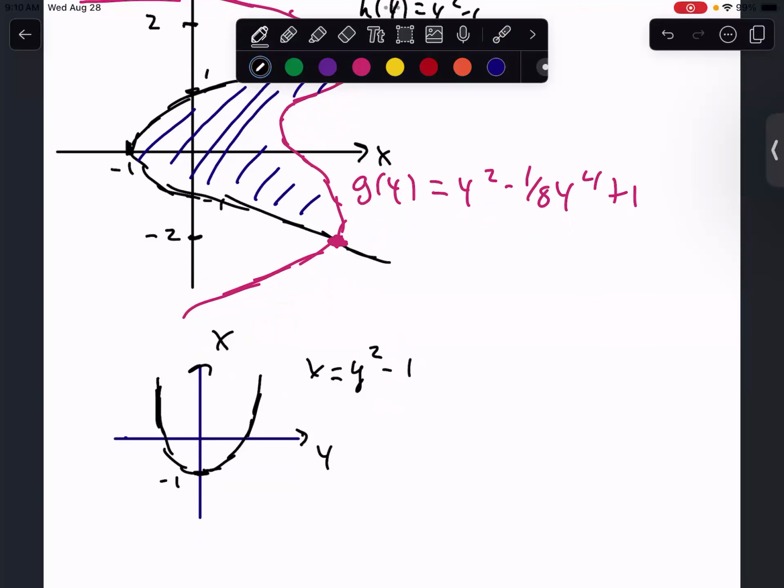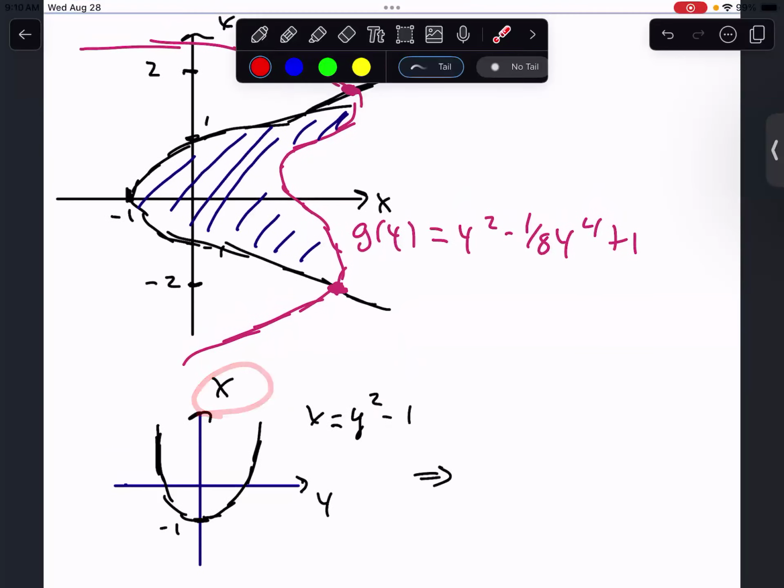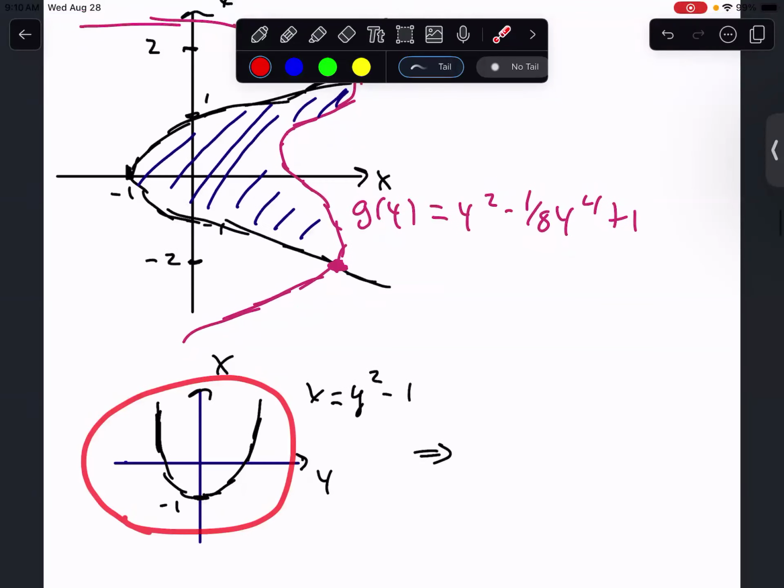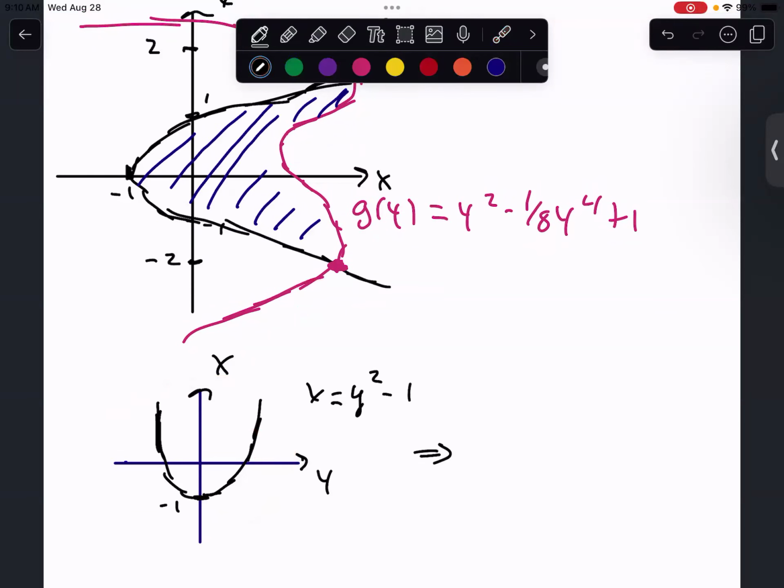When you're actually graphing things, you want to make sure the vertical axis is y and the horizontal axis is x. So this is a matter of taking this picture and then rotating it 90 degrees, and you end up getting this parabola here. So if you rotate 90 degrees, you get this picture.